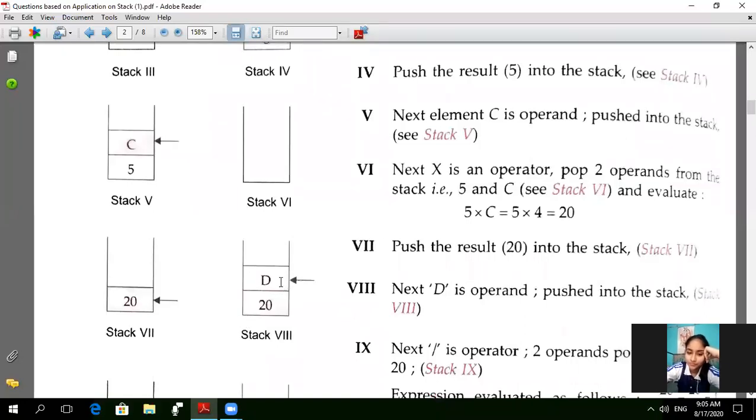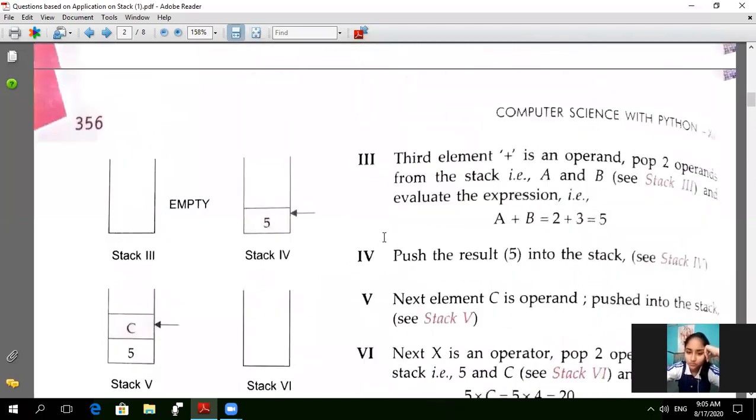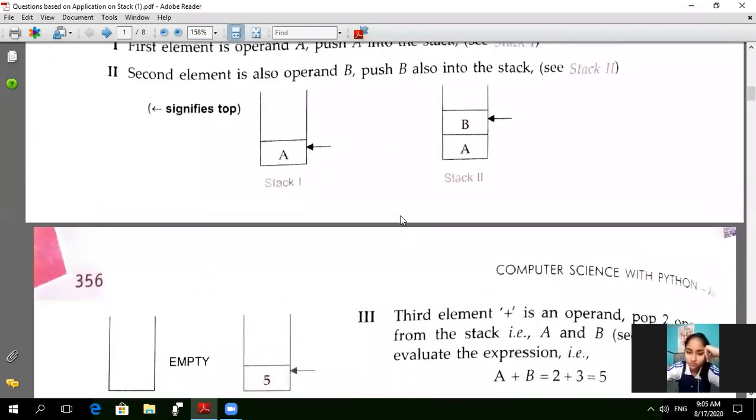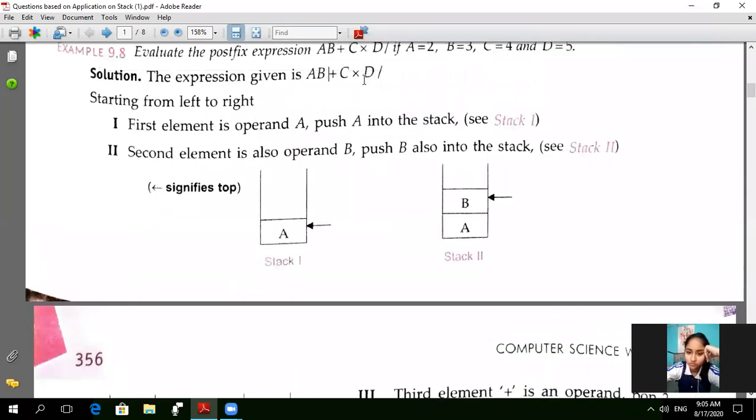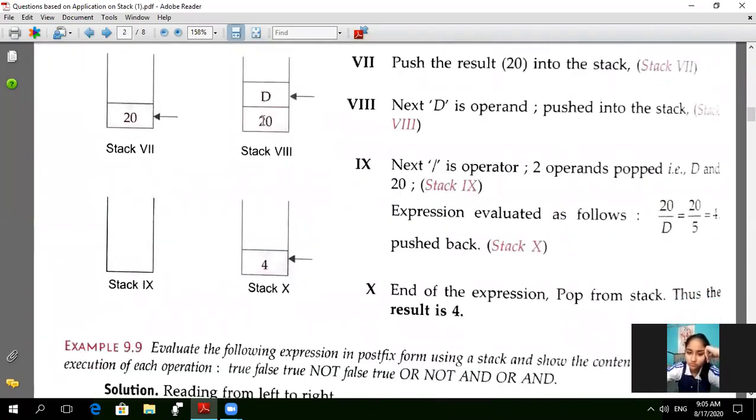Then next is d. So insert d into the stack, and after that, which sign is coming? Look into the question. After d, the divide sign is there. When the divide sign comes, again you have to pop the two stack elements. So d and 20 will come, and it is 20 divided by d.